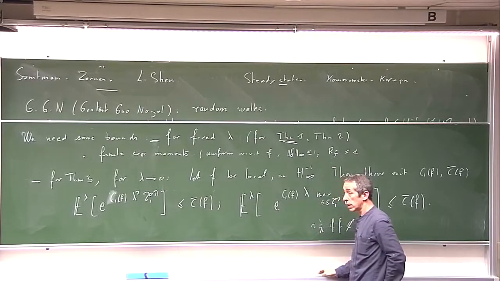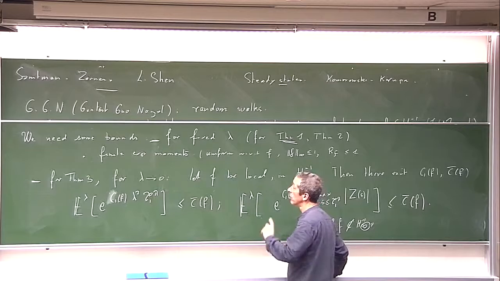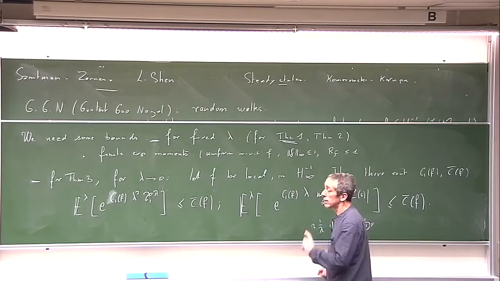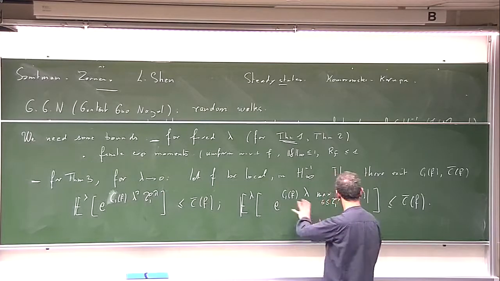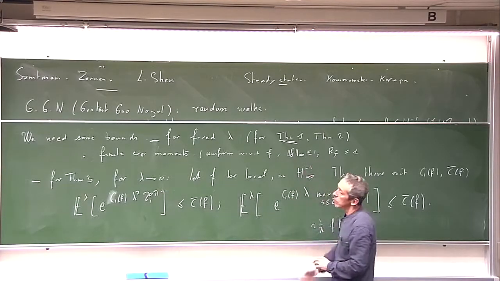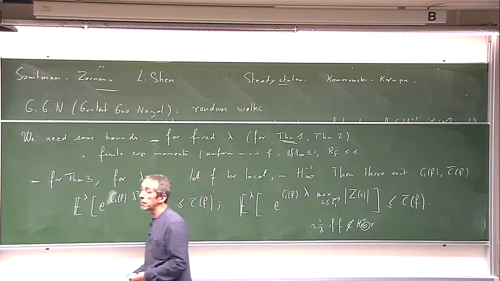So we need more than, for a fixed F, a finite exponential moment: you can choose the same, a uniform bound like here, for all F's with a fixed support and a fixed L-infinity norm.